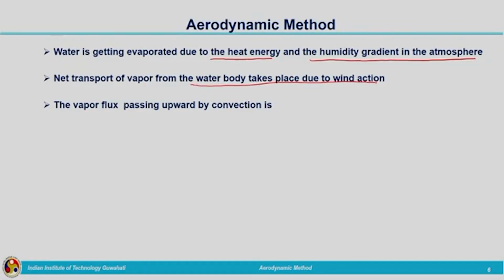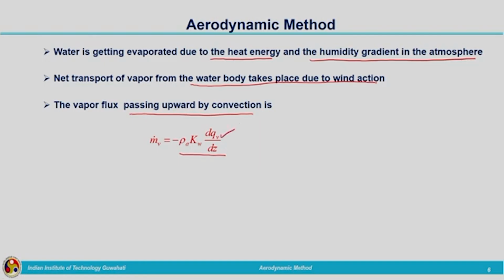So, the vapor flux passing upward by convection can be written as m_v dot is equal to minus rho_a k_W dQ_v by dz. What we have written in the previous slide, m_v dot is directly proportional to dQ_v by dz.